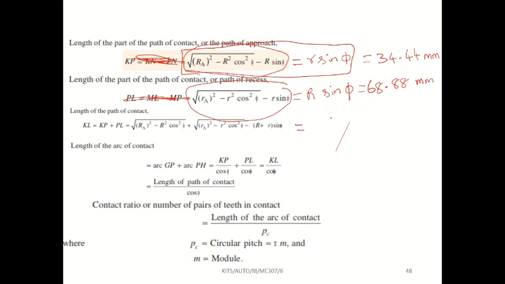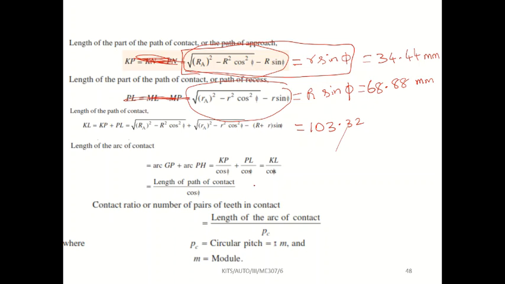So if you add everything, what will you get? 34.44 plus 68.88. You will get 103.32.